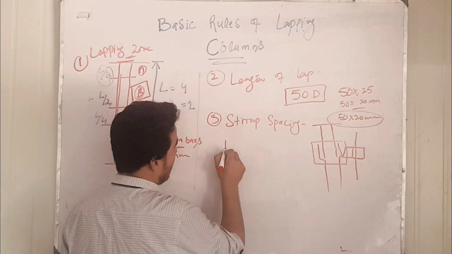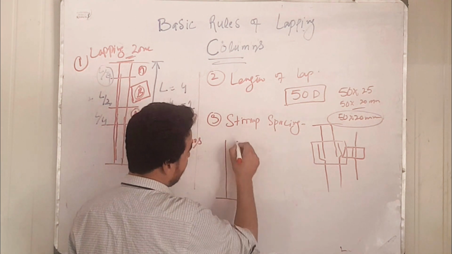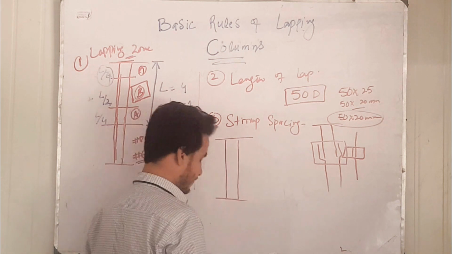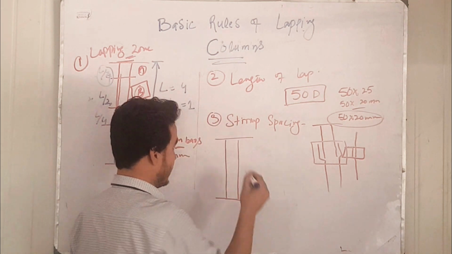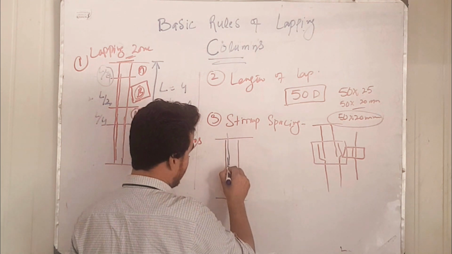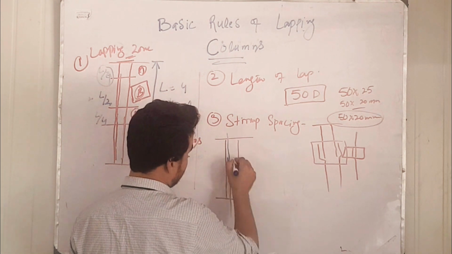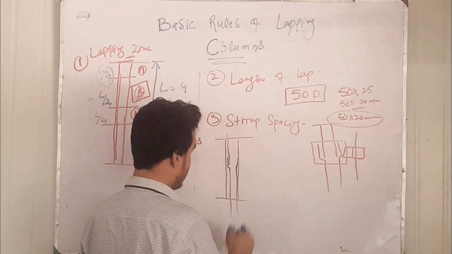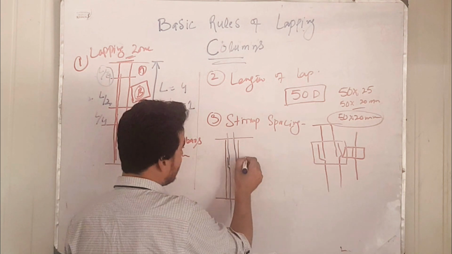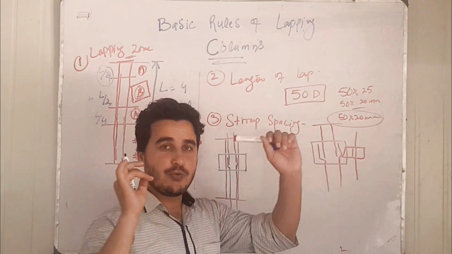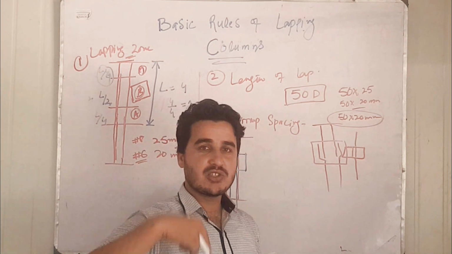Like if this is a column, okay, this is the bottom slab and this is the top slab. Here, let me draw it on this screen. Here is the lap zone. Okay, then this part is going to be the weak point. Okay, and if it is a weak point, we will be needing extra shear reinforcement.